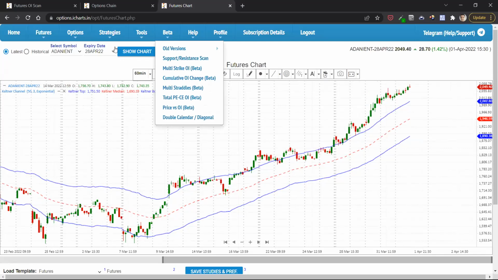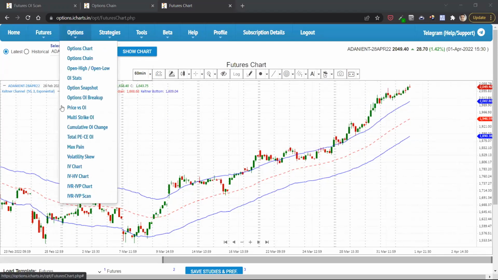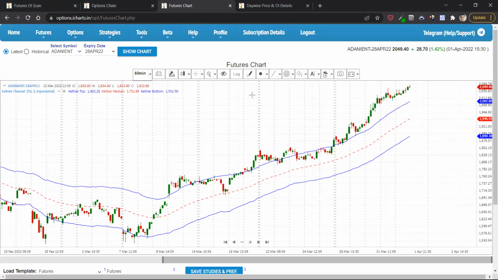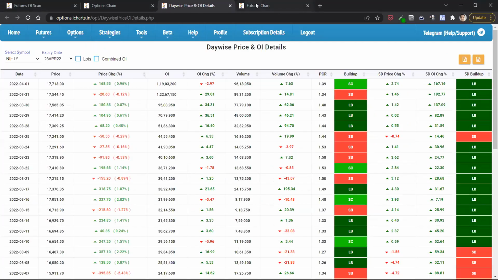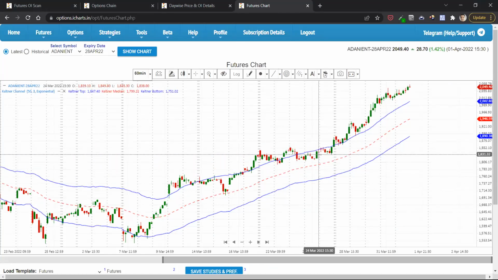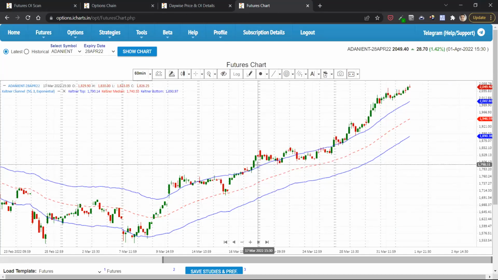So do analysis on day wise, and then go to your futures chart and see how the price trend is, and based on those two confirmations, you can take the trade. This is what I would suggest.